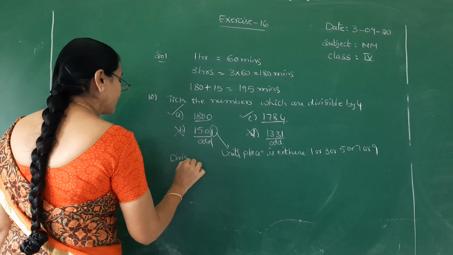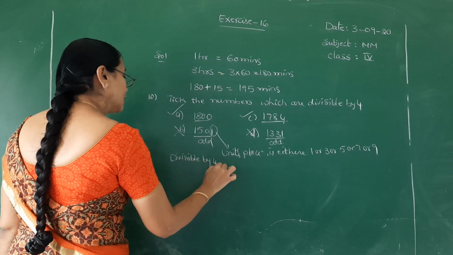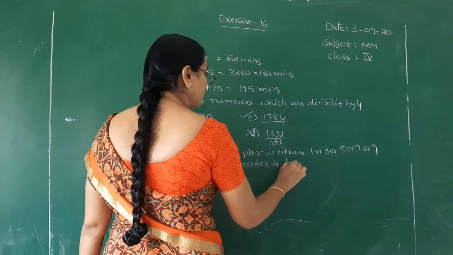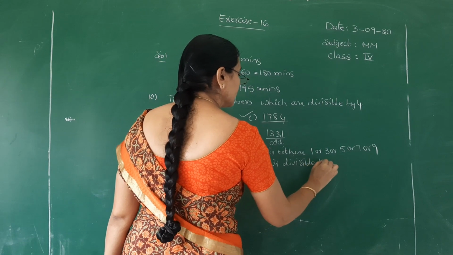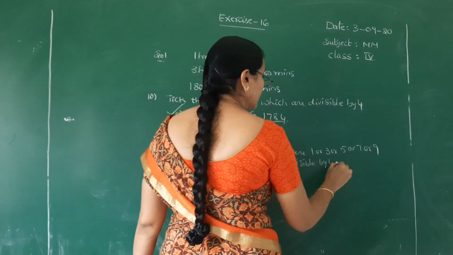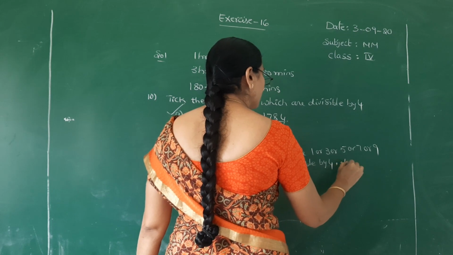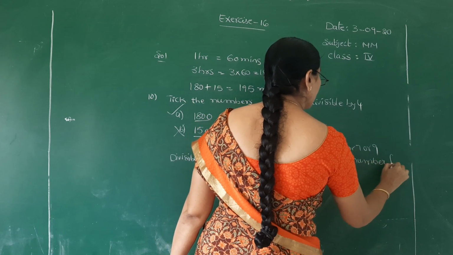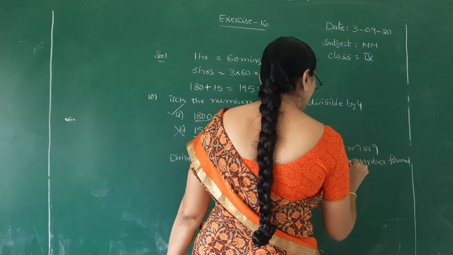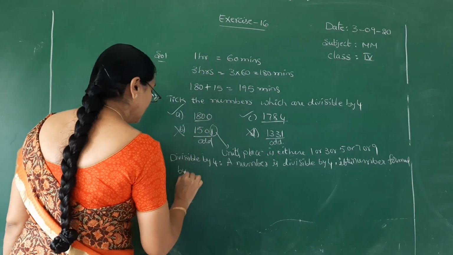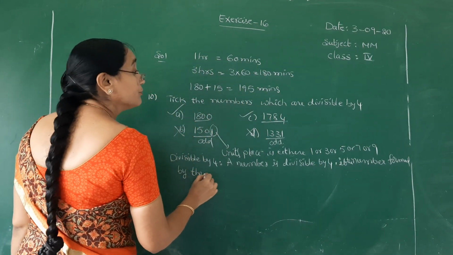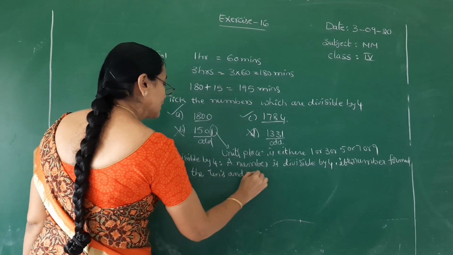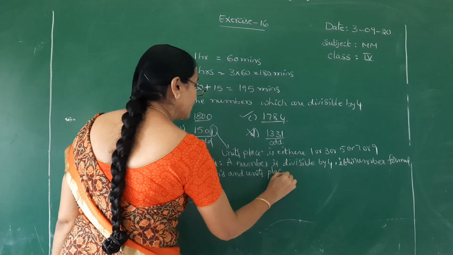Divisible by 4. A number is divisible by 4 if the number formed by the tens place and units place is divisible by 4.